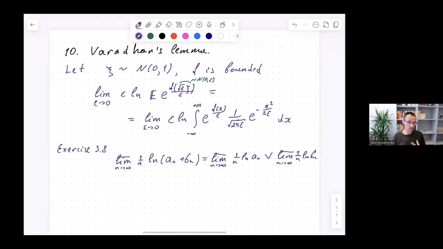Of course, if you have more terms in the sum, then inductively you will just have the maximum between the corresponding limits.